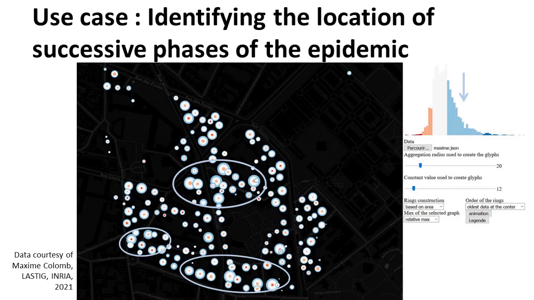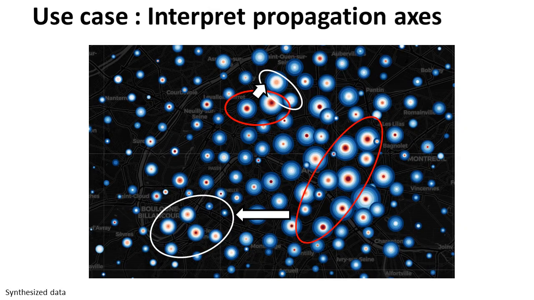And so, even if this particular dataset is not very suited for this, another use case could be the interpretation of propagation axes of the epidemic from the identification of these different spatio-temporal clusters.